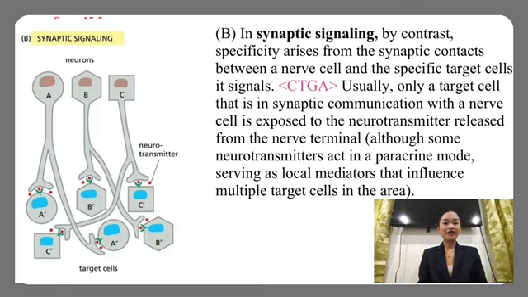On the other hand, Part B shows synaptic signaling, which happens in neurons. Here, nerve cells release neurotransmitters across a synapse, a very short distance, to reach a specific target cell. This makes it faster and more precise than endocrine signaling because it directly targets one cell at a time.